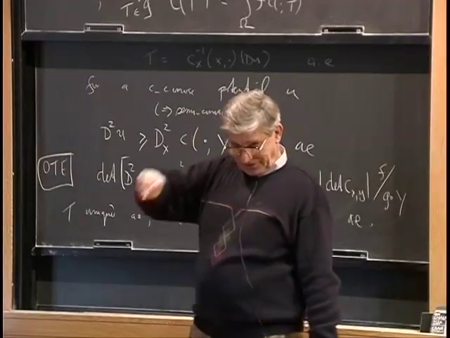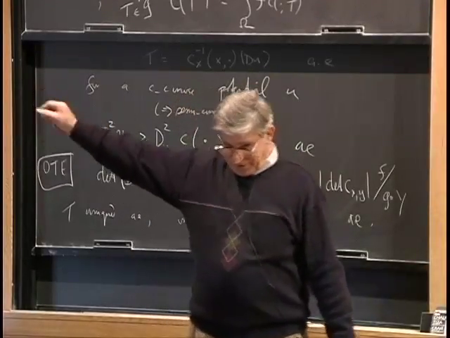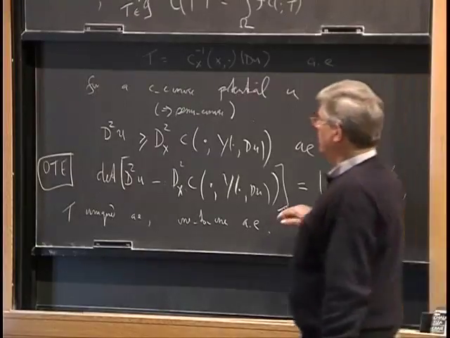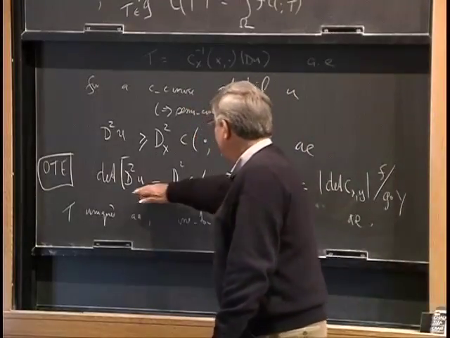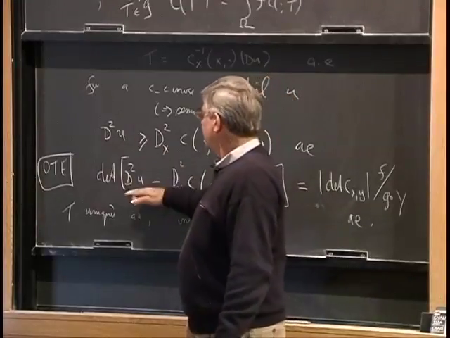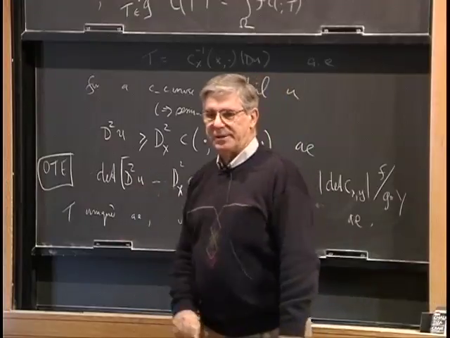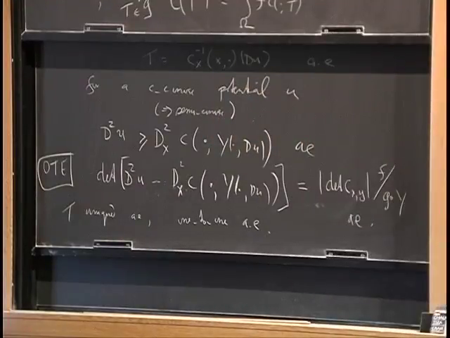Any sawtooth function of one variable satisfies u double prime equals 0 a.e. So it's not a great statement, and what we want to do is show that under appropriate conditions these potentials will satisfy this Monge-Ampere type equation in a classical sense.